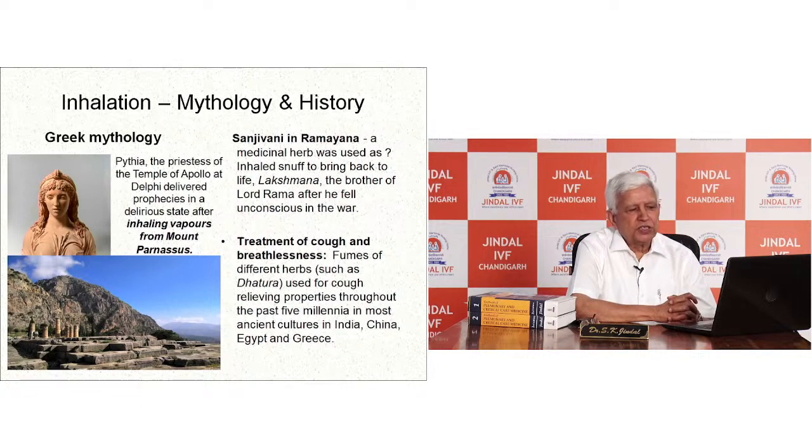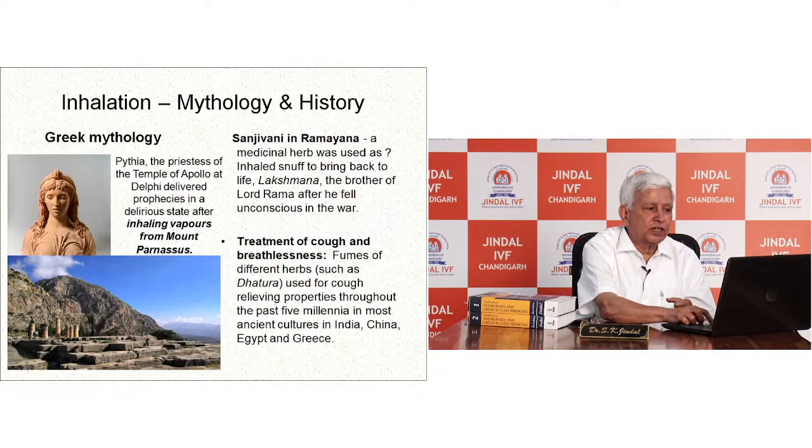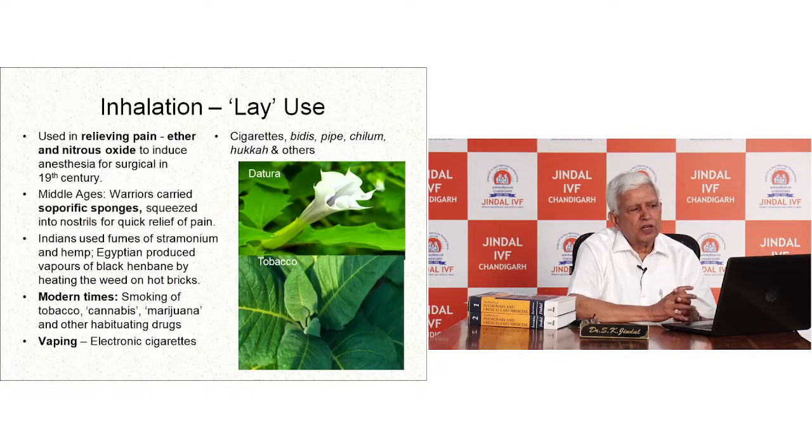Subsequently, of course, in history, for the treatment of cough and breathlessness, fumes of different herbs have been used, such as Dhatura in particular, you see. This had great cough relieving properties, and for almost 5,000 years it has been used in most ancient cultures in India, China, Egypt and Greece, and so on, you see.